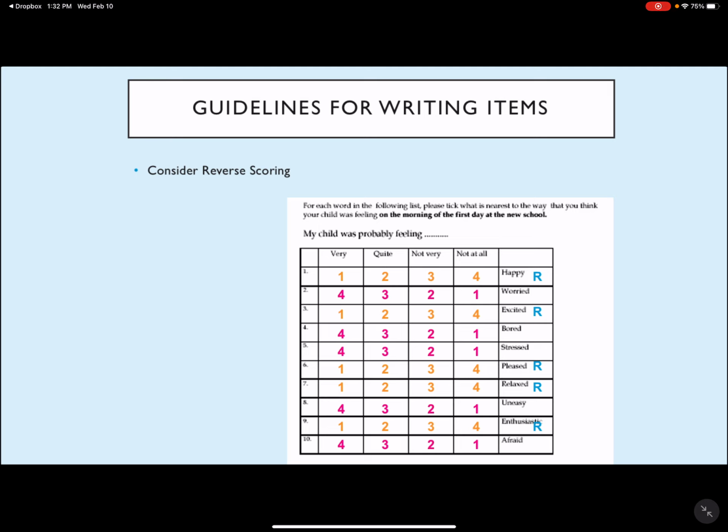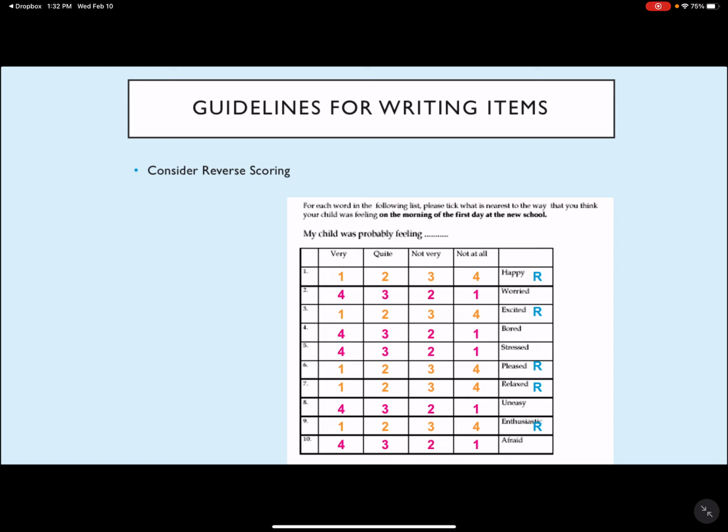You have to sit and think about this for a minute, but it's not rocket science. Let's say I want higher scores to mean negative emotions. I want the higher scores to mean that the kids were more stressed out about going to school. So what I would do is look at my questions, and all of the ones that were positive, I've got happy, excited, pleased, relaxed, and so on, I would reverse.